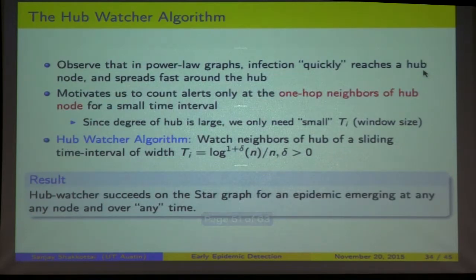What I think is more interesting is if you have some nicer graphs, like hub-based ones. If you have power law graphs, intuitively, how would infections spread? It starts somewhere, reaches a hub, and explodes. So what this says is, don't look at hubs, look at one-hop neighbors of hubs. You trigger an event by a hub showing an alert, and then look at all its neighbors, which all show alerts very close by. This is the hub neighbor watcher.